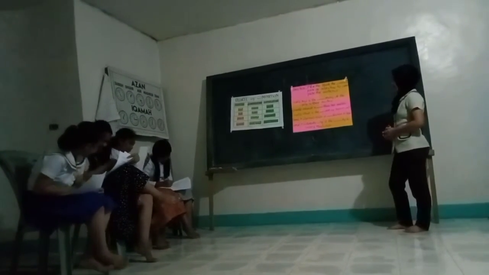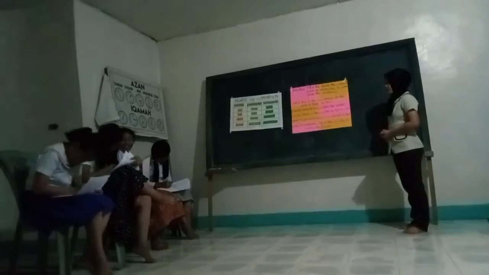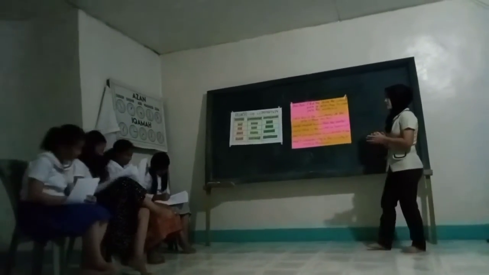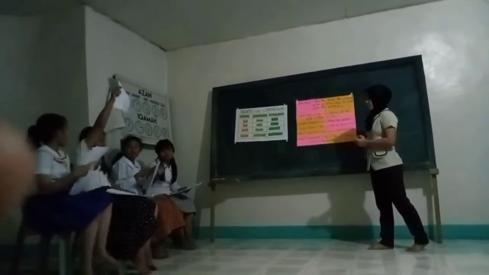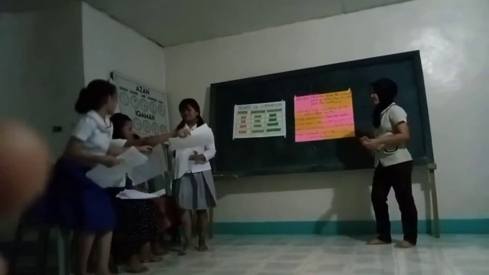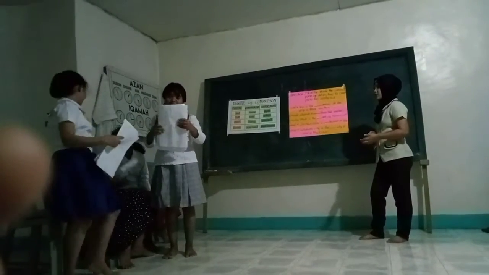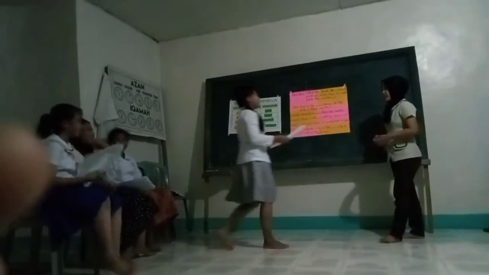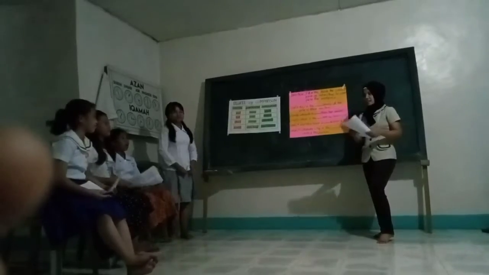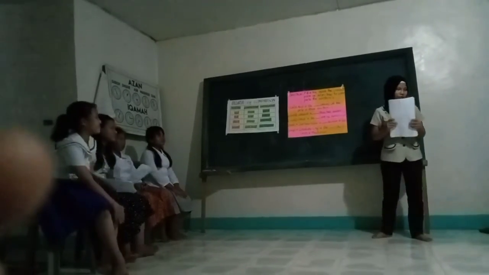Pay attention, class. Okay, time's up. You may now pass your papers. Okay, collect it, Sadria, and give it to me. Okay, so I will be the one who's going to check these papers of yours.